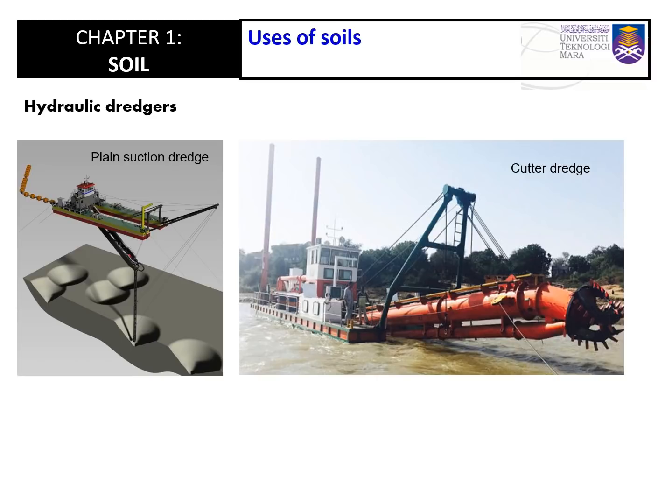You can see YouTube videos. Left and right, they will have anchors to control the dredge, and they also have like a suction machine, and they will suck the soil that have been cut onto the barge ataupun onto the storage.